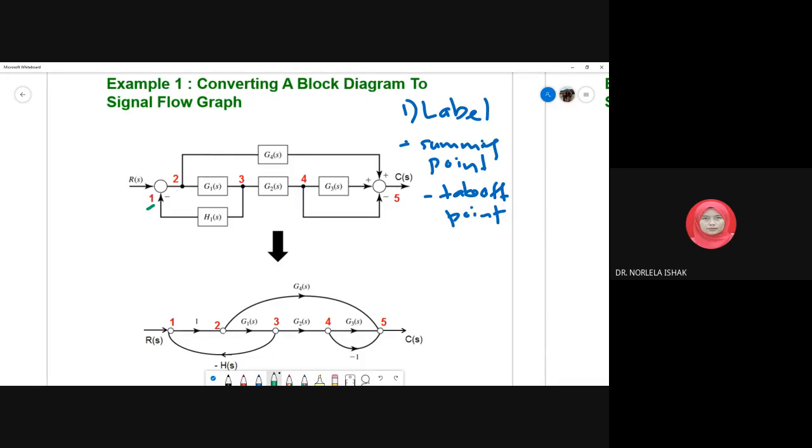The second one is a takeoff point, I label with number 2. The third takeoff point I label with number 3. The next takeoff point I will label with number 4, and the last summing I label with number 5. Now we finish labeling.